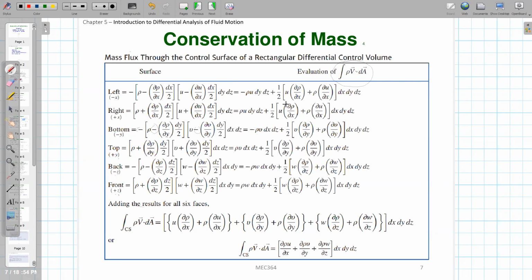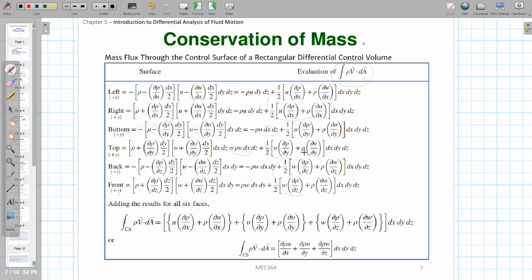If you add these 2, you see that this value and this value will be cancelled because they have a negative sign and a positive sign. So this is gone. When you add these 2 surfaces, this value and this value will be cancelled because you have a negative sign and a positive sign, and similarly for z. So the only thing left is this one and this one, and they are identical. When you add them together, the one half becomes 1.